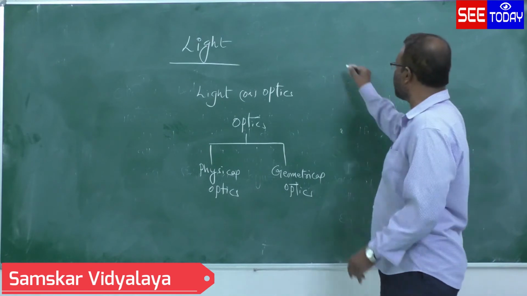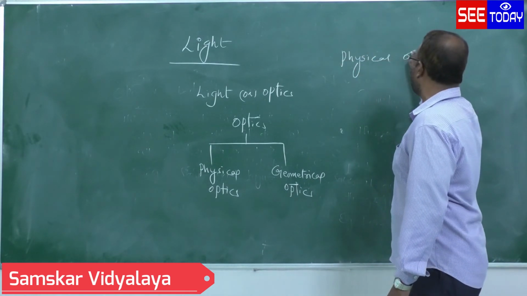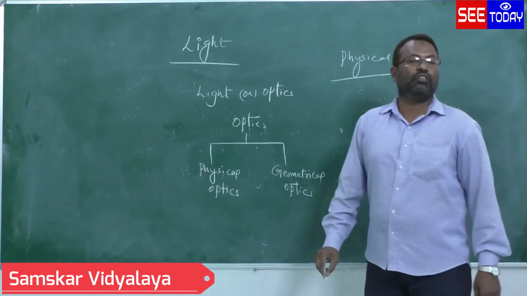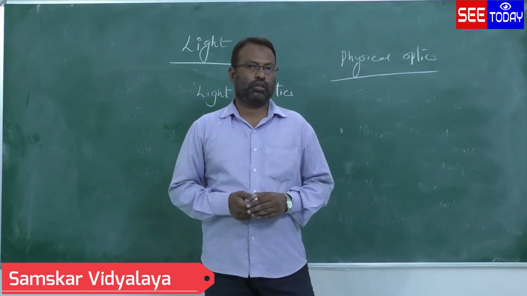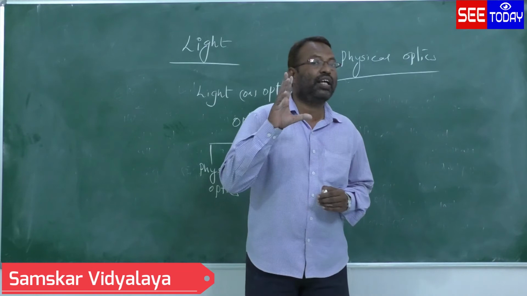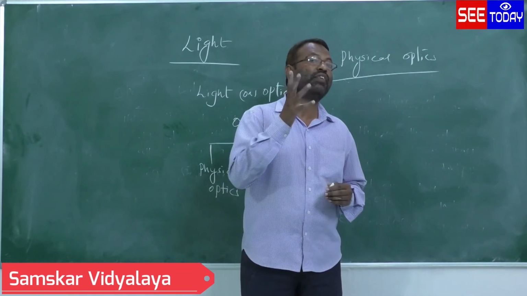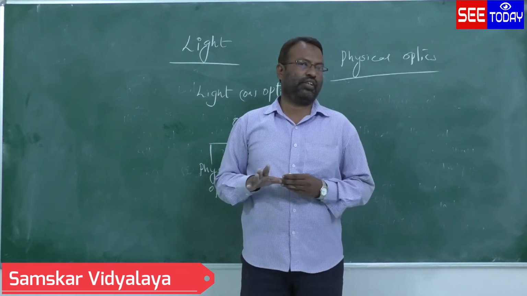Now the question arises, what is physical optics here? Which part of light will we call physical optics? If you are studying the light, which part of the light? You are studying the emission of the light.